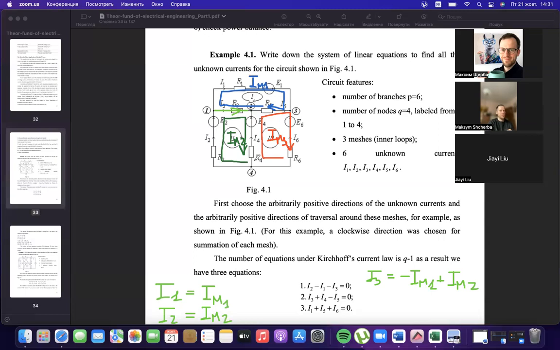Then we could make the same for all other currents. For example, I4, as we look at the central branch and the direction, should equal minus IM2 plus IM3.